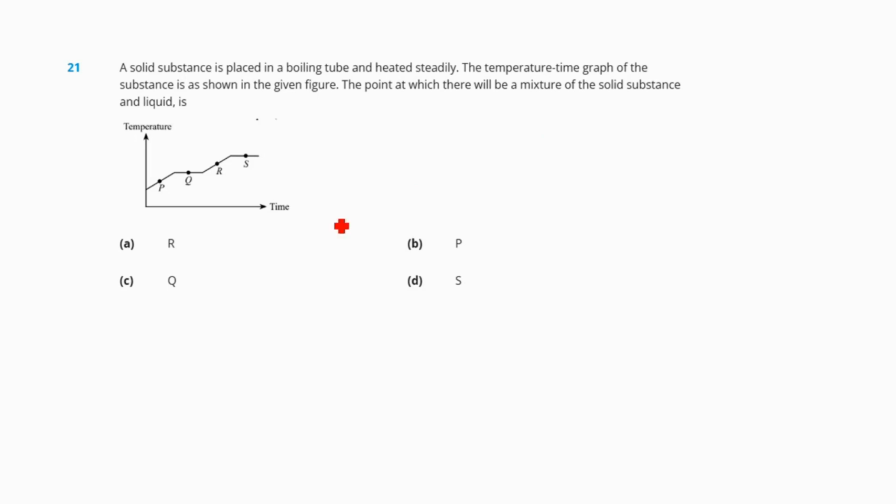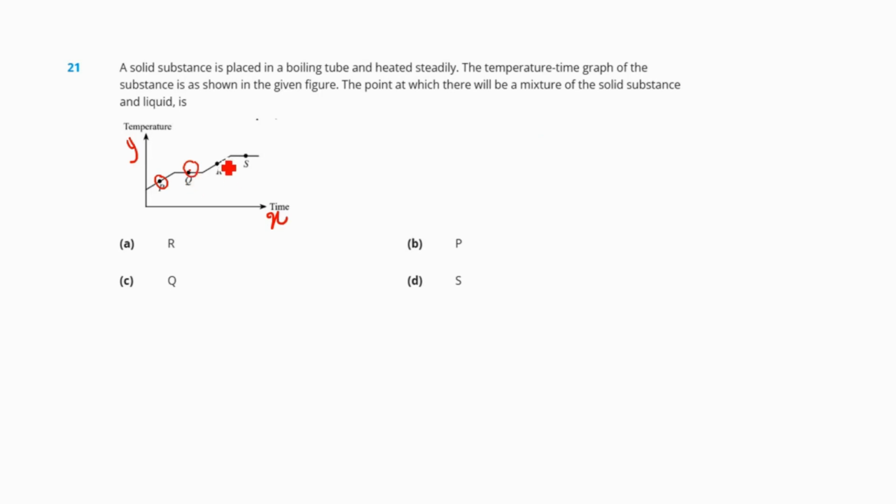So in this temperature time graph, we can see that the point P here is representing the heating of the solid substance, while Q is representing the transition from solid to liquid state. And as the heat is added, the change of state is taking place.